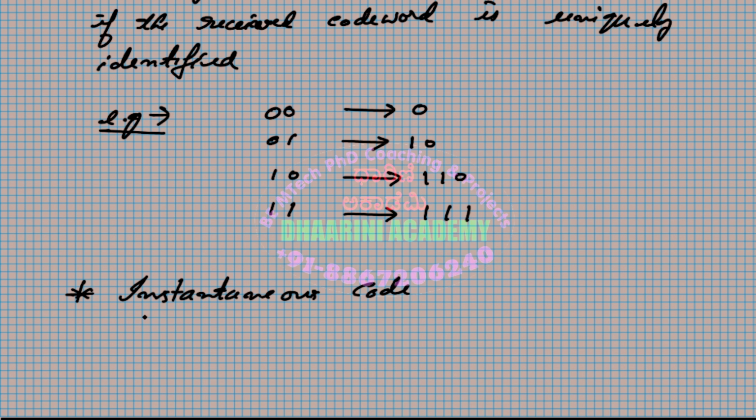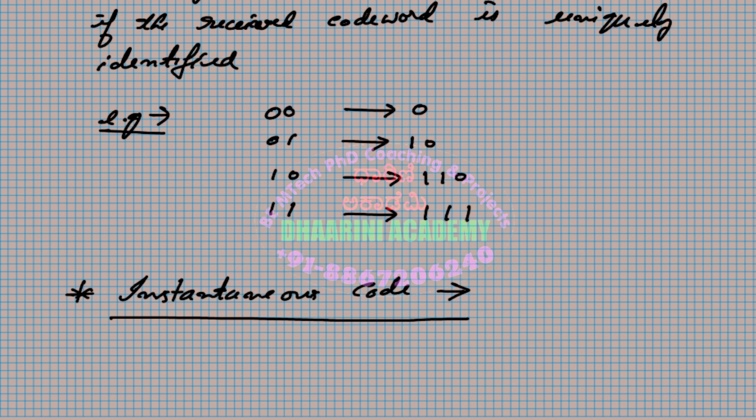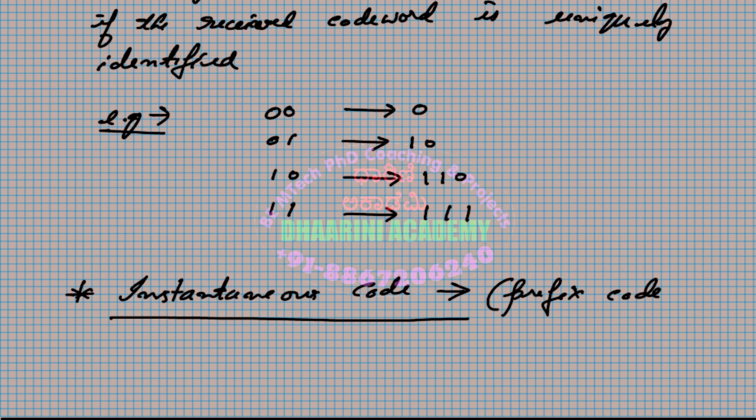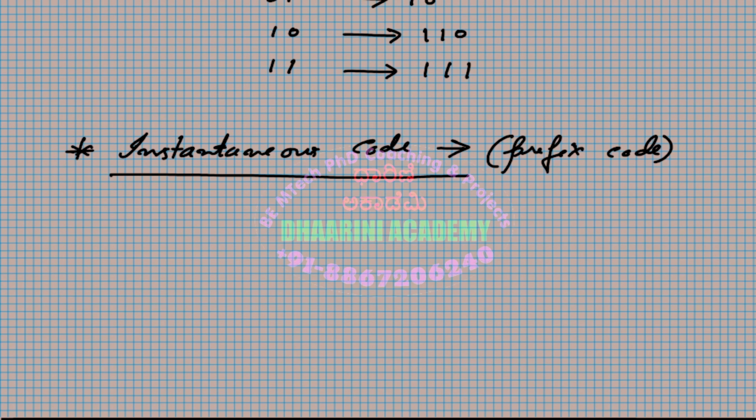In the sense, I don't want the succeeding symbols to decide the last symbol. In order to decide the last symbol of the code word, I don't need the successive symbols. It's also called a prefix code. There is another name to this, called prefix. So what is the prefix code?